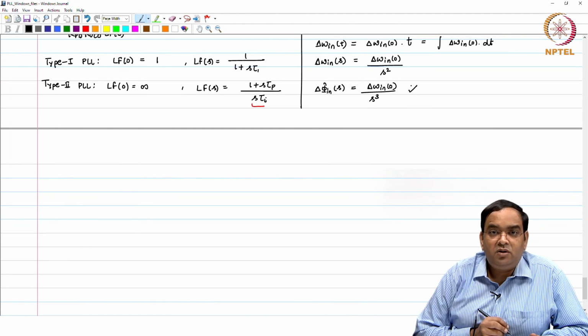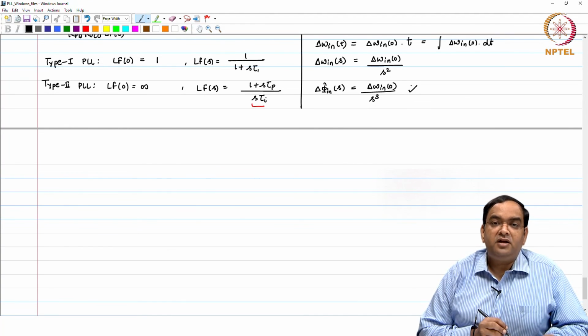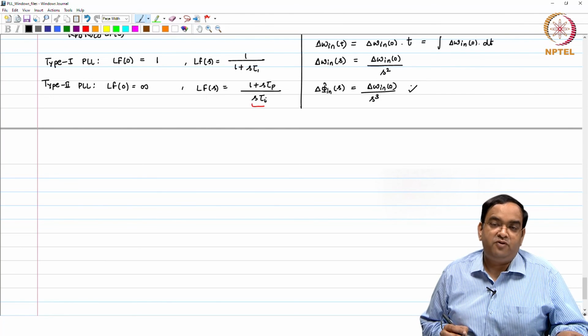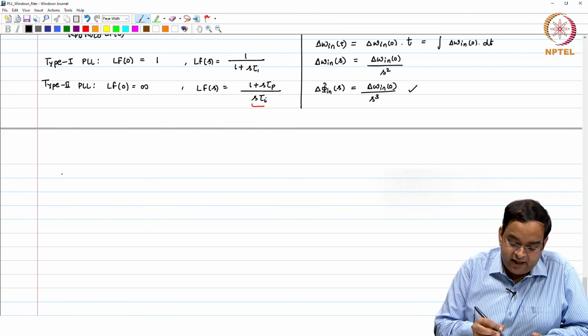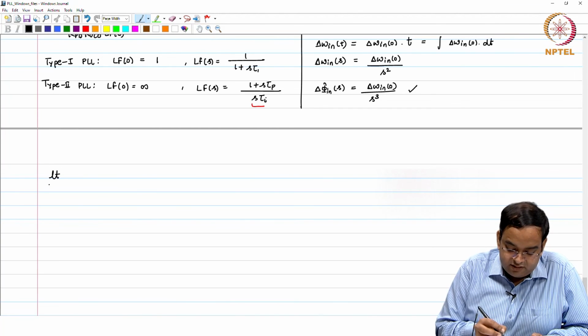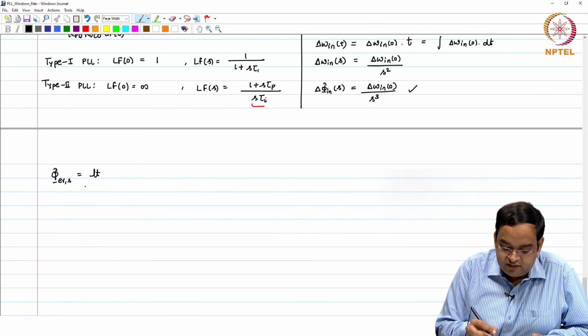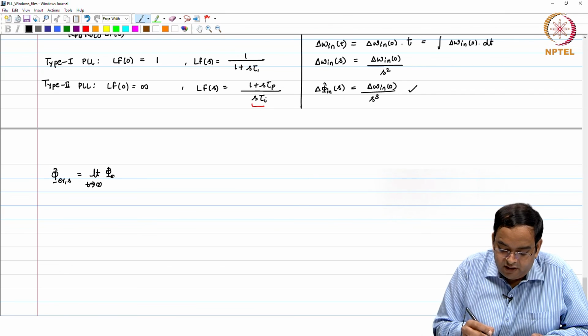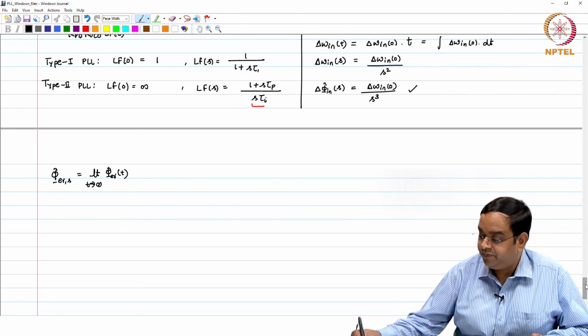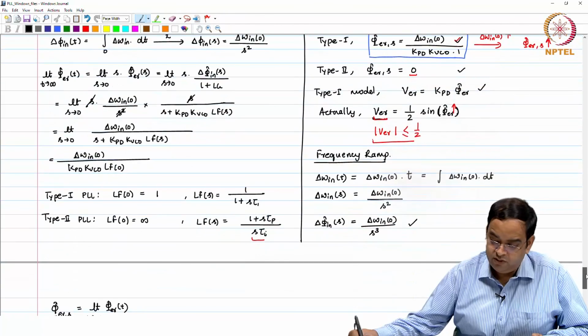I need to find out whether the PLL will remain in lock or not, which means I need to find out the steady state error value. Same principle, nothing changes here. Phi error of steady state is the limit as t tends to infinity of the phase error of t. That is what I need to find.